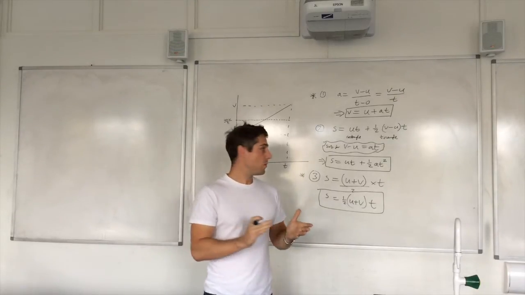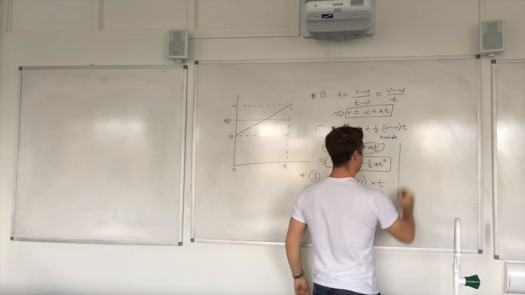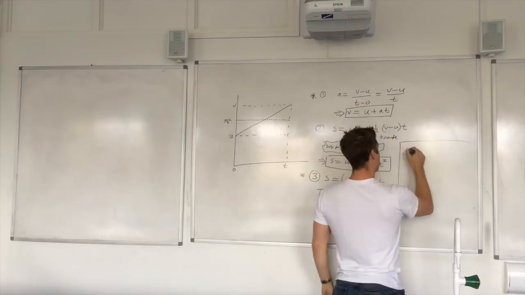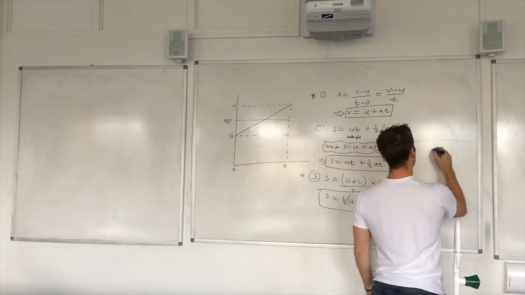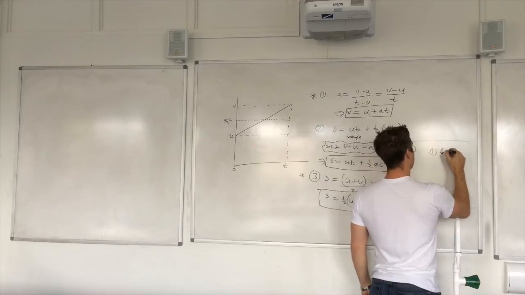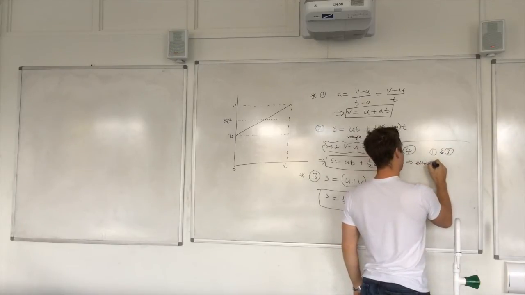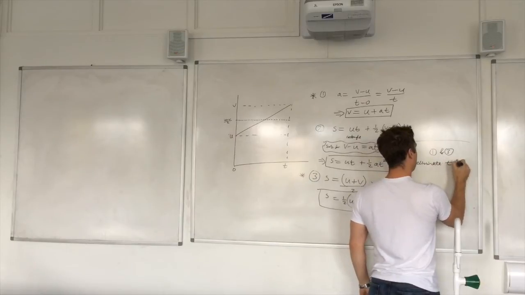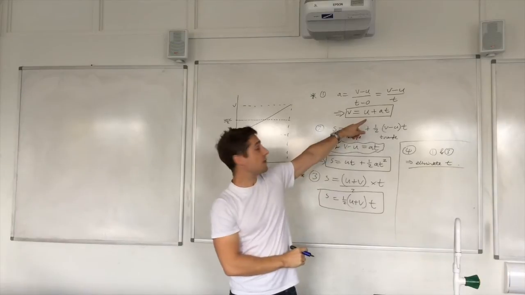Okay, so now I'll show you how to do it, if you haven't yet been able to do it. So we're combining equations 1 and 3 to eliminate t. So, rearrange this equation.